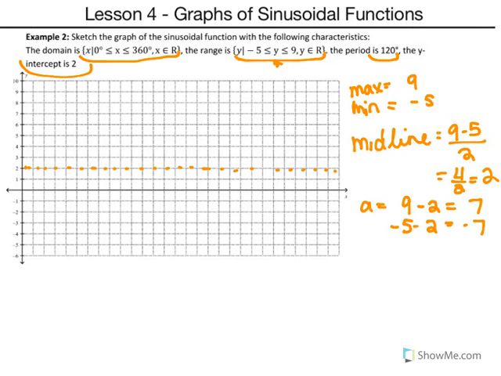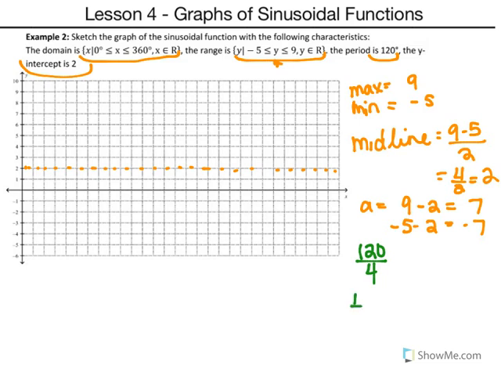Now we know our period length to be 120. So what we're going to do to help is we're going to split this into 4. So what this helps us do is that every quarter of 120 will be a point.